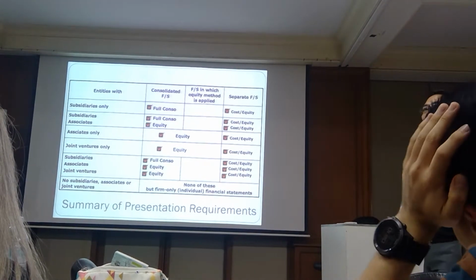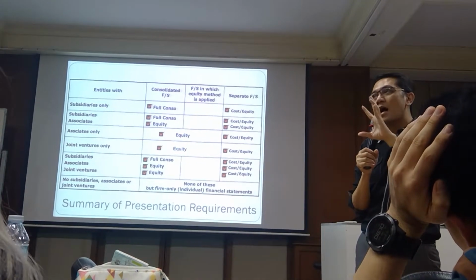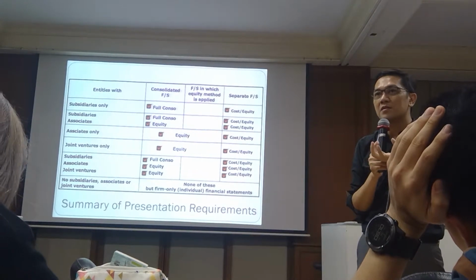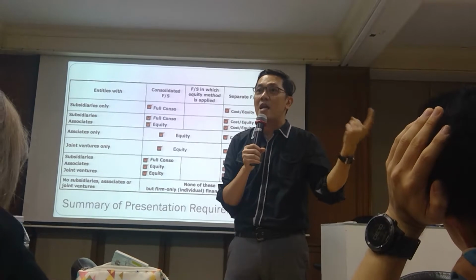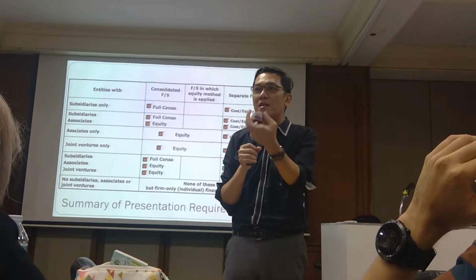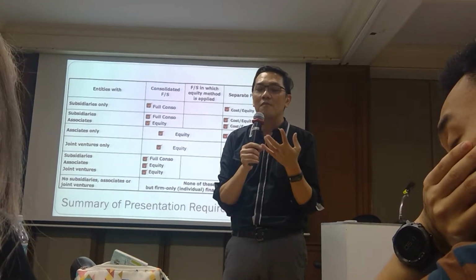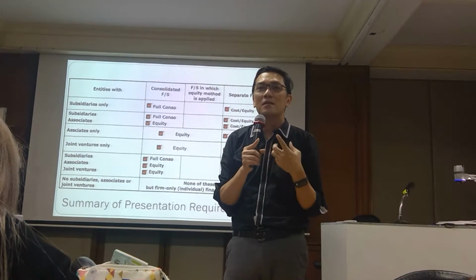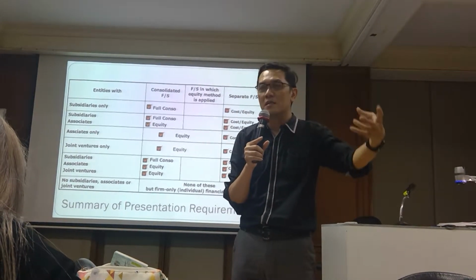And of course, for separated financial statements, by accounting standards, they allow you to choose between two methods to prepare the separated financial statements. Some companies can choose to use the cost method for their investment. And other companies can use the equity method for their investment. How do we know that? First, you read the notes to the financial statements. The notes are going to say, well, our company decided to use the cost method for the investment.